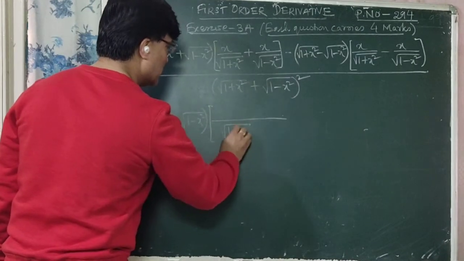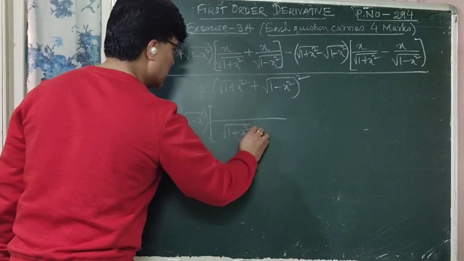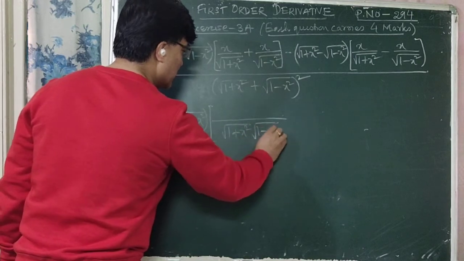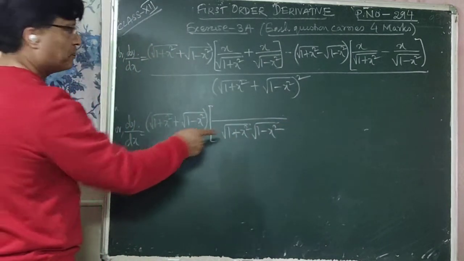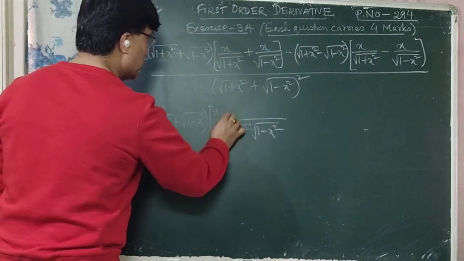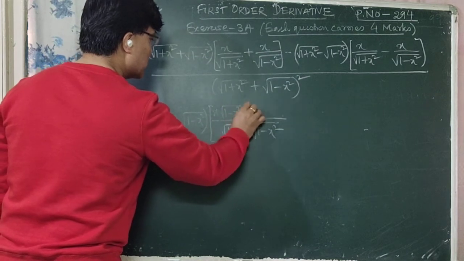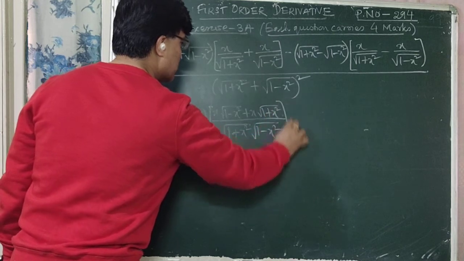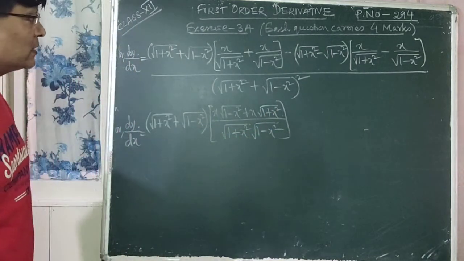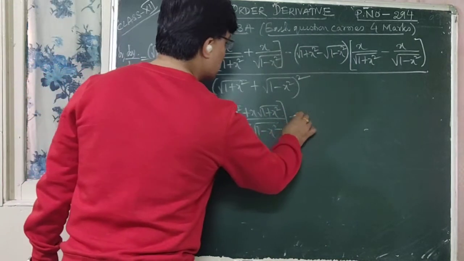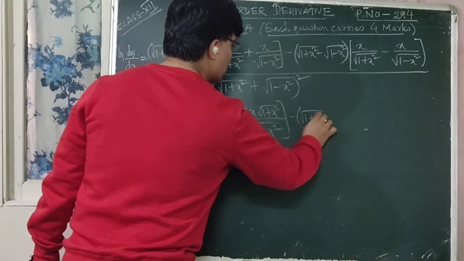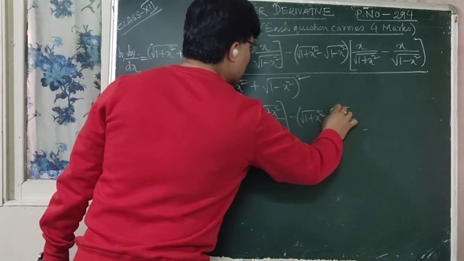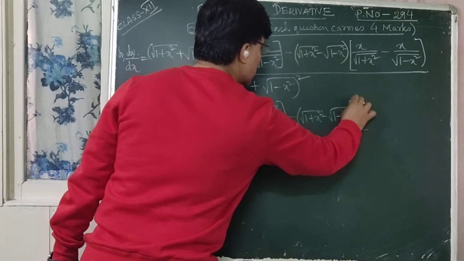It is root over 1 plus x square, root over 1 minus x square. So numerator will be x root over 1 minus x square plus x root over 1 plus x square, right? Next, minus within bracket, root over 1 plus x square minus root over 1 minus x square.